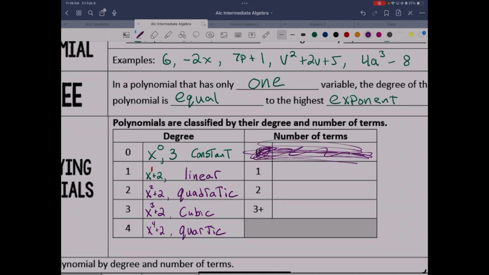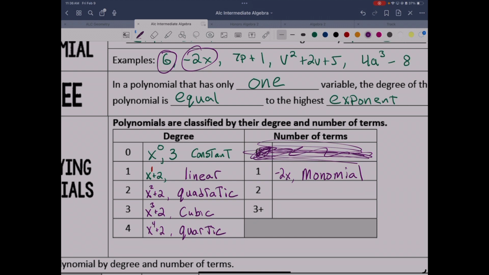You're not going to have number of terms 0. If there's only one term, like 6 or negative 2x, we'll use negative 2x as our example, that has only one term. We call it a monomial.